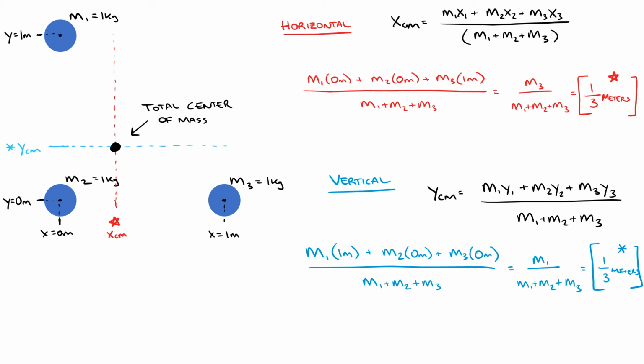This is where we are going to have to use what we know how to do in 2 dimensions. So we can find the center of mass in the x direction, so I'm using all x's here. We can find the center of mass in the y direction. So in this case, 1, 2, 3.